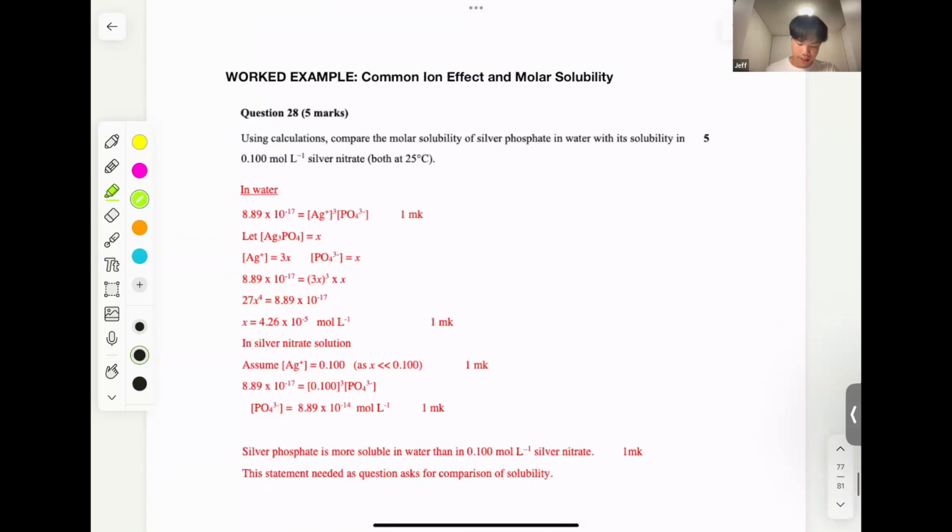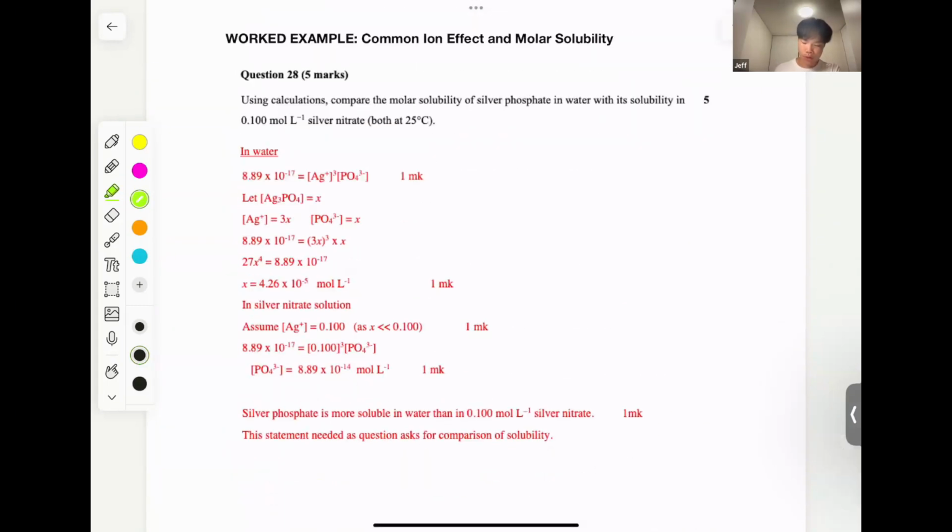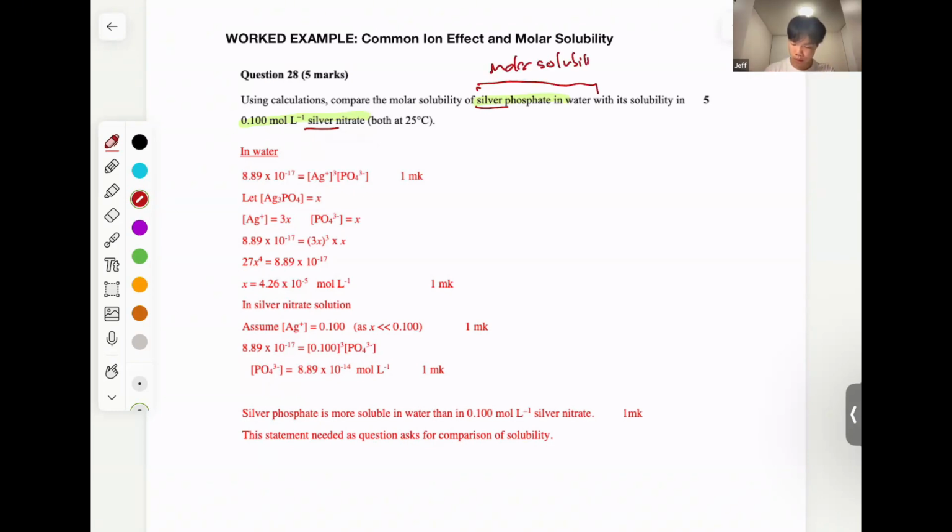Okay. The calculation you'll see over and over again is they'll ask you what's the solubility of a substance, say silver phosphate, in a solution, silver nitrate, that shares one of the ions in the substance you're trying to dissolve. In this case, they actually do a comparison. They do a molar solubility of silver phosphate in water first. So this is the molar solubility in pure water.